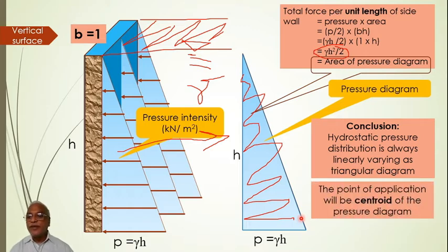Now the point of application will be the centroid of the pressure diagram. Where is the centroid for the triangle? What is the direction of the force? You know that the direction of the force is horizontally leftwards. Because of that, the total force will also be acting horizontally leftwards.